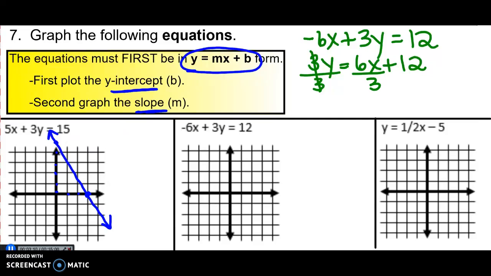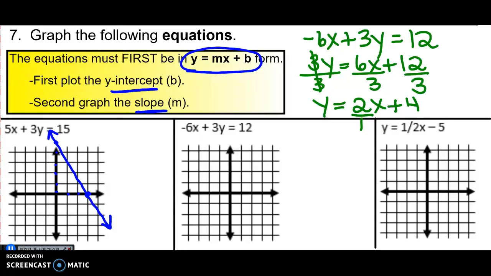So we're going to divide all of our terms by 3. Which leaves us with y equals 6 divided by 3, which is 2. There's our slope. And then 12 divided by 3 is 4. That's our y-intercept. Now remember, the slope is usually written as a fraction, a rise and a run. Since we have a whole number, we can always write that as a fraction 2 over 1.